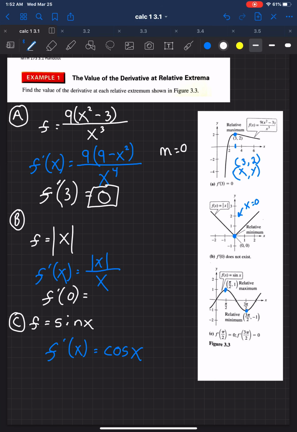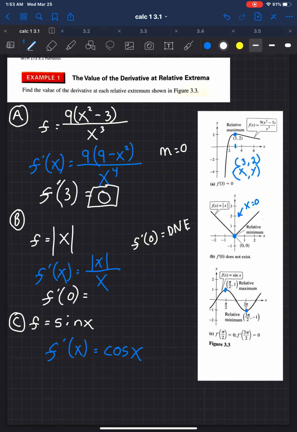What we're going to say is that f prime of 0 does not exist. There's no way around this.